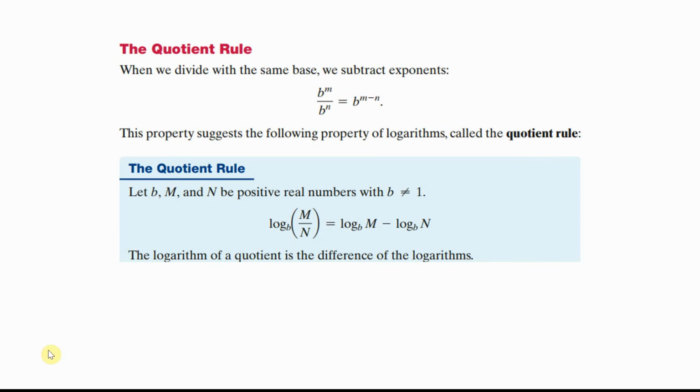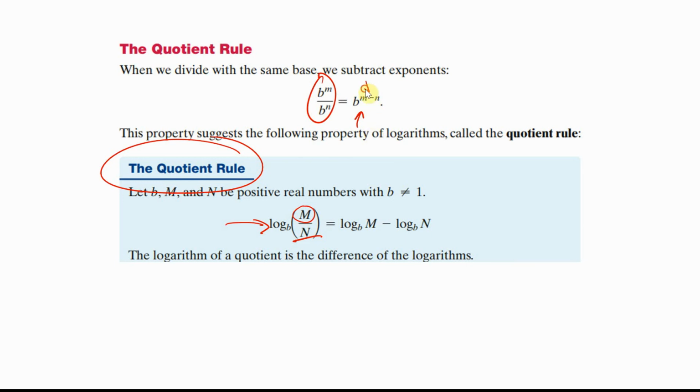The quotient rule is this statement here: the log base b of m divided by n. When we expand that, this quotient rule for logarithms is based on the quotient rule for exponents. You see, here we have a division, b to the m divided by b to the n, and on the right side, notice the exponents are subtracted.